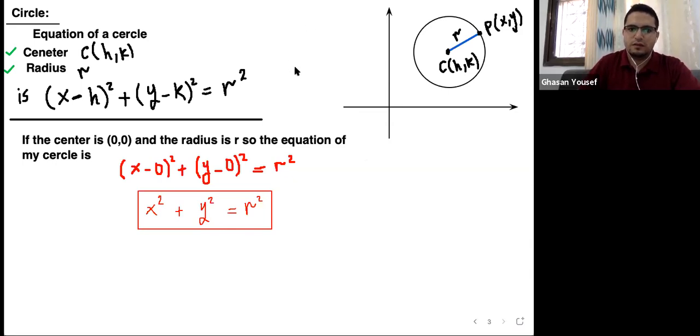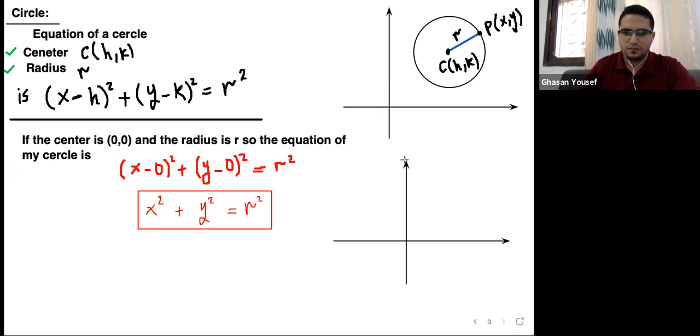So I'm going to graph the circle here. Here is the circle. The circle is in the center, like this. Look, my center is 0, 0, and my radius is r, any r.